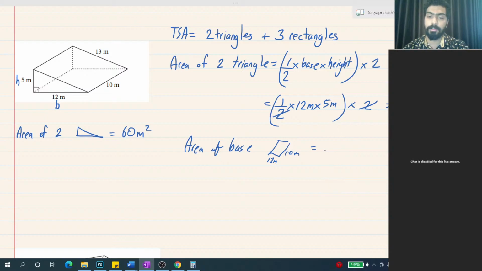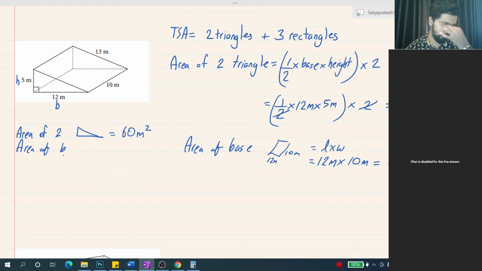Now again, let's start off with the formula, which is length multiplied by width, which is equal to 12 meter times 10 meter, which is 120 square meter, right? So area of the base rectangle is equal to 120 meter square.